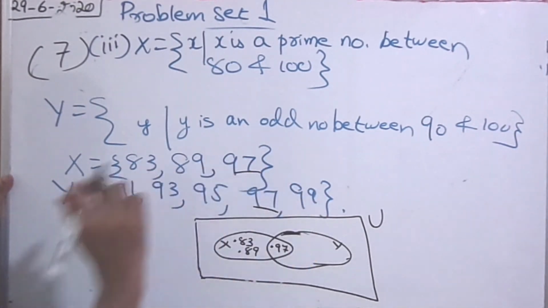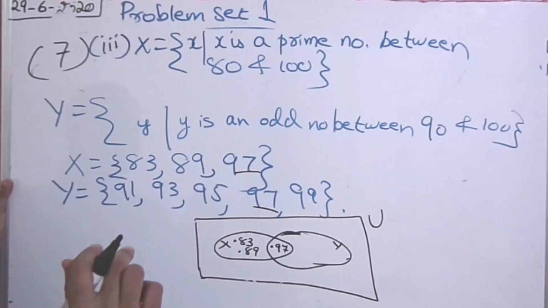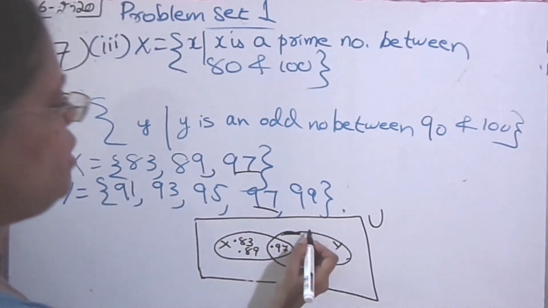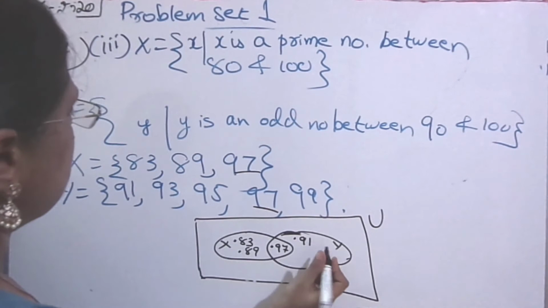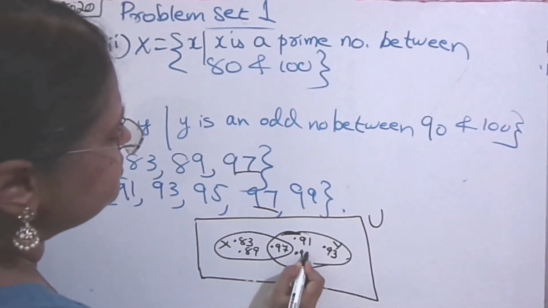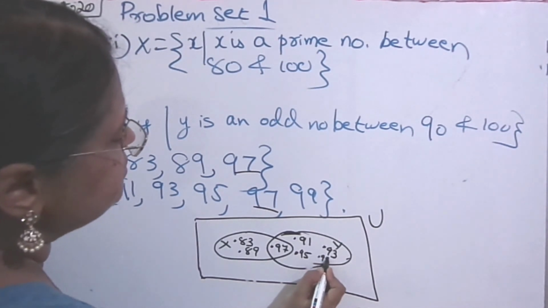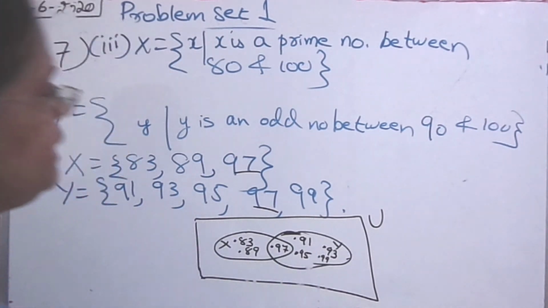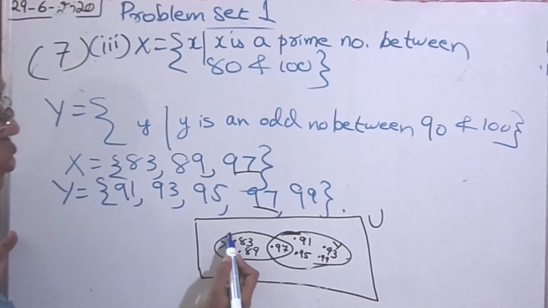What about this? 91, 93, 95, 99. Okay, now you have to shade X union Y. So shade it.